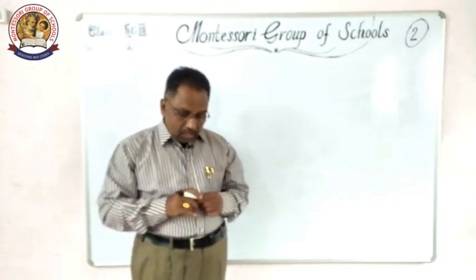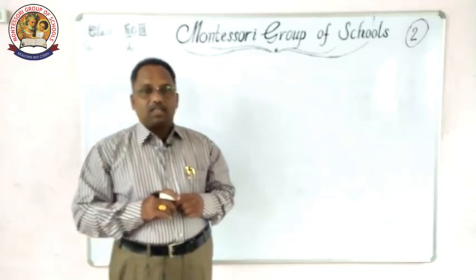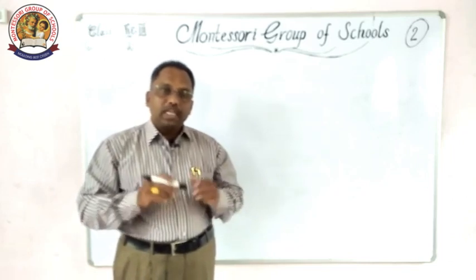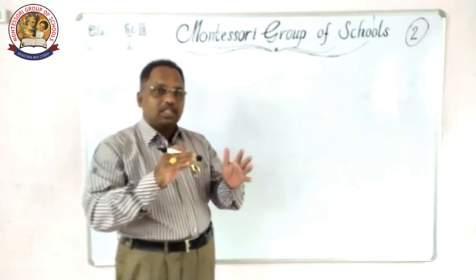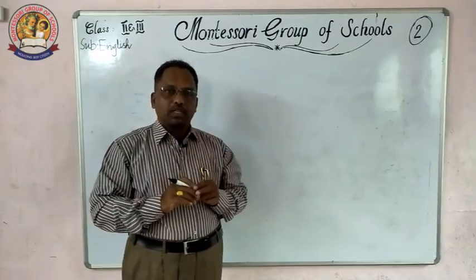It is how to use is and are. Is, are, they are verbs. How to use is and are with this, that, these, those. This is the first topic.